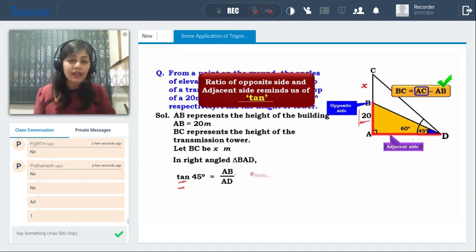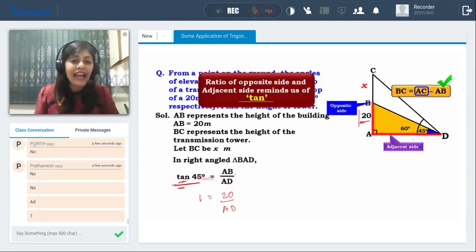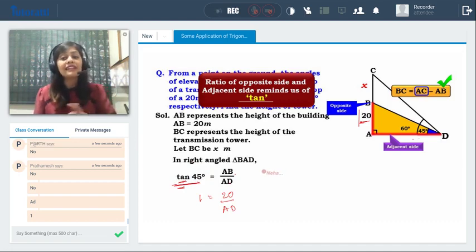Tan 45 is 1. So we have 1 is equal to AB upon AD, 20 upon AD. And students, pay attention, whenever you have tan 45 ratio, the two sides are going to be equal, right? Because in a right angle triangle, if one acute angle is 45, the other acute angle is also 45. If angles are congruent, it becomes an isosceles right angle triangle.